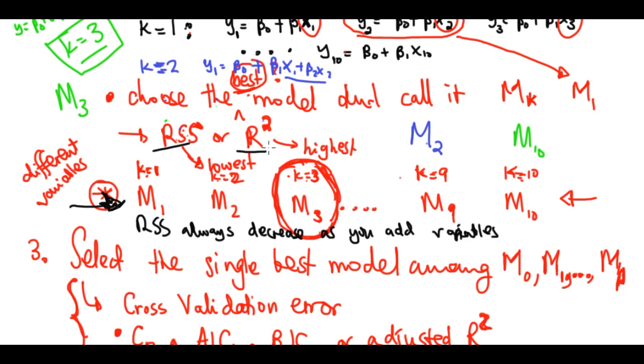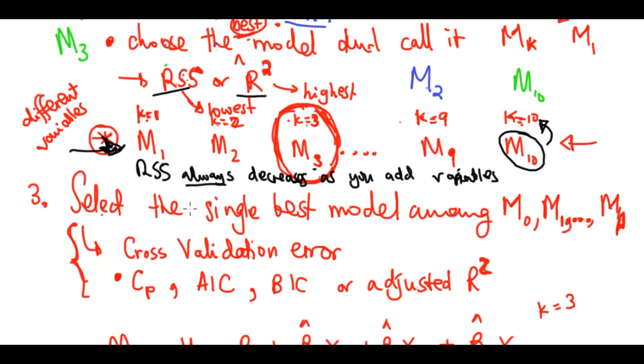But anyway, we know that RSS always decreases as you add variables. So our M10 here, the model with all the predictors, will always have the lowest RSS. If at step number 3, when we are selecting the single best model, we use RSS, we are always going to choose M10 because M10 will always have the lowest RSS. So we cannot use that because it lies to us. It always favors M10. Same with R squared.